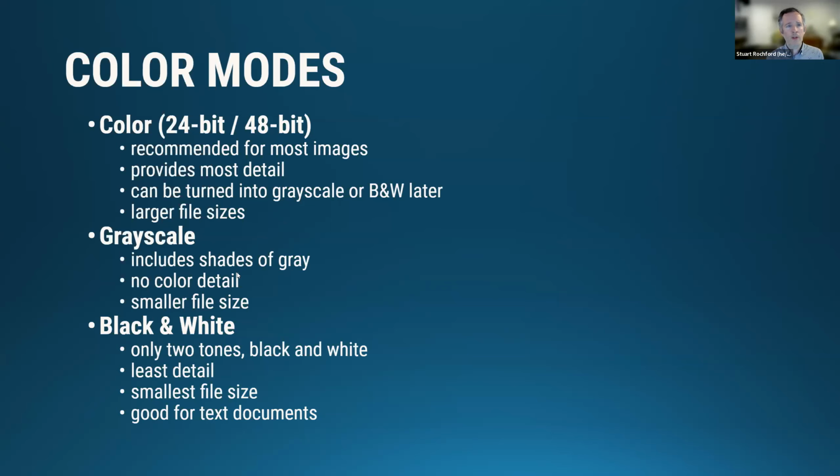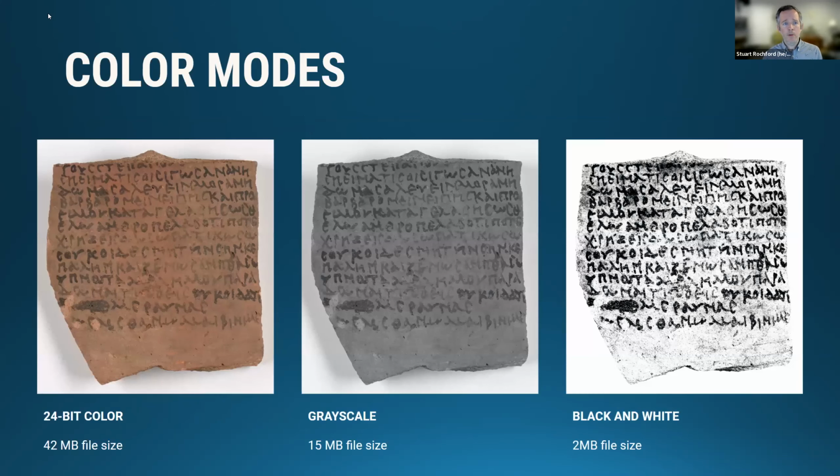So you'll still be able to tell the texture of a paper, for example, whereas if you scan something in black and white, you're only going to get two tones, black and white, so you lose everything in between. If anything is a light gray, it's probably going to be lost when you convert something to black and white. So that's fine for typed documents or anything that has clear text in it. That's totally fine.